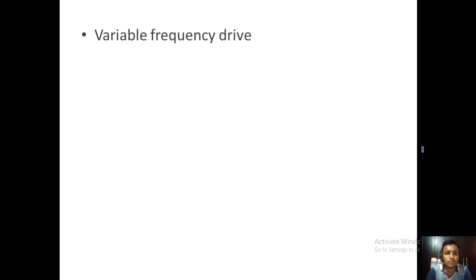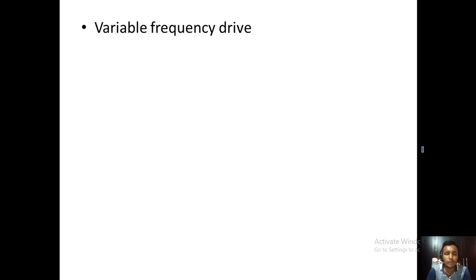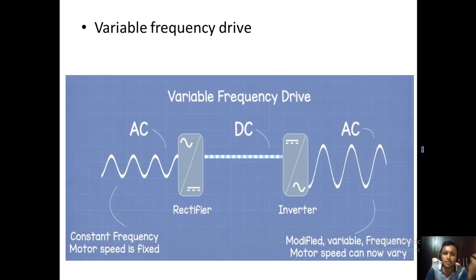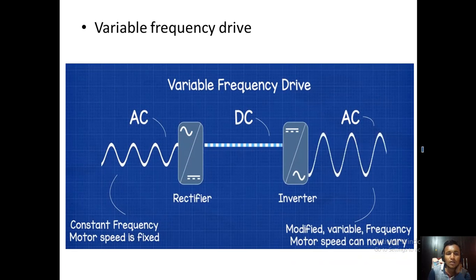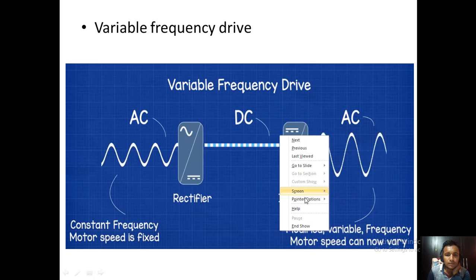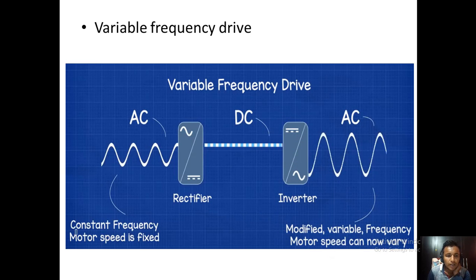And the variable frequency drive we have already discussed, that is three-phase AC motor speed control. You can see here we have a constant frequency supply driving the motor. So here the signal is AC supply. Okay, AC supply signal, and AC is converted into DC by a rectifier, and this DC is given to the inverter.